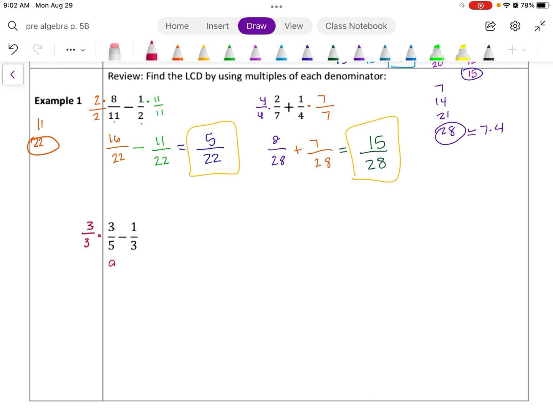Well, 3 times 3 is 9. 5 times 3 is 15. And I'm going to multiply 1/3 by 5/5. 1 times 5 is 5. 3 times 5 is 15. So now that we have a common denominator of 15, we just need to think about 9 minus 5 would be 4. 9/15 minus 5/15 is 4/15.